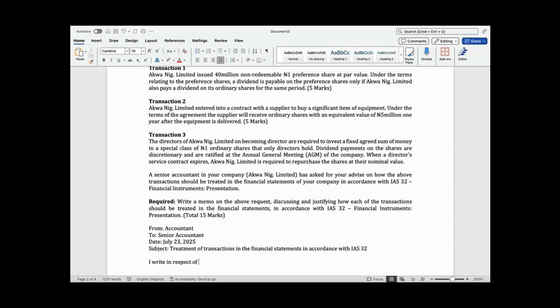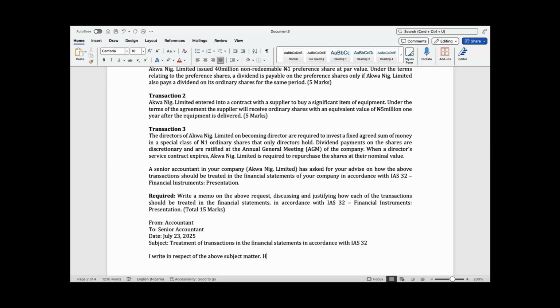In respect of the subject matter, having thoroughly reviewed the transactions, the following paragraphs explain the treatment of the transactions.